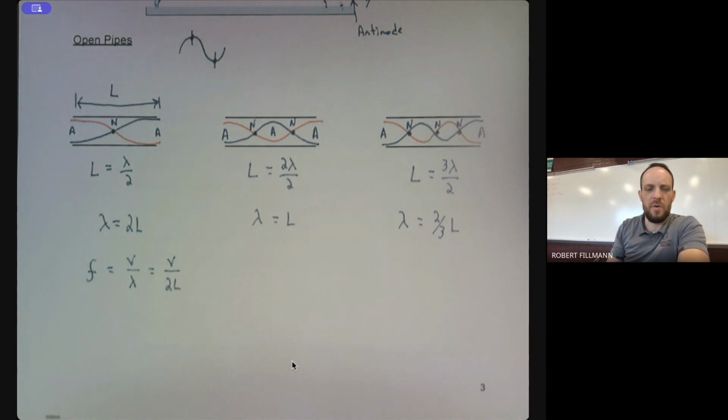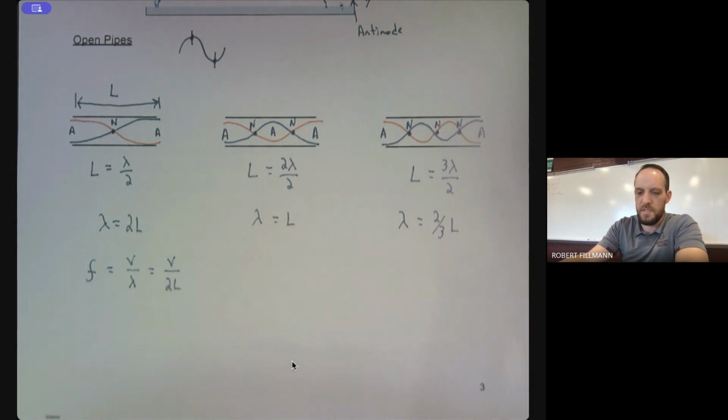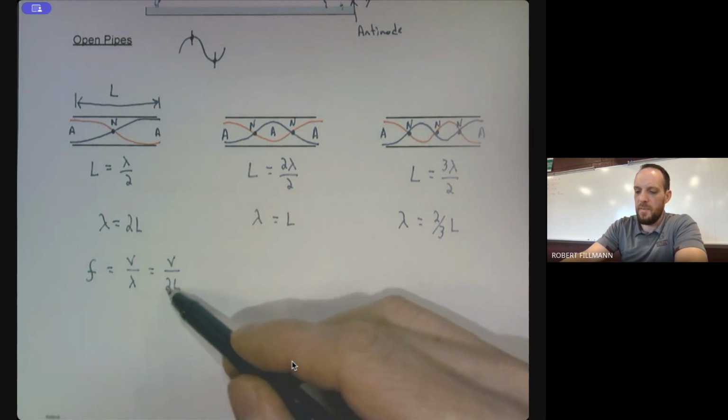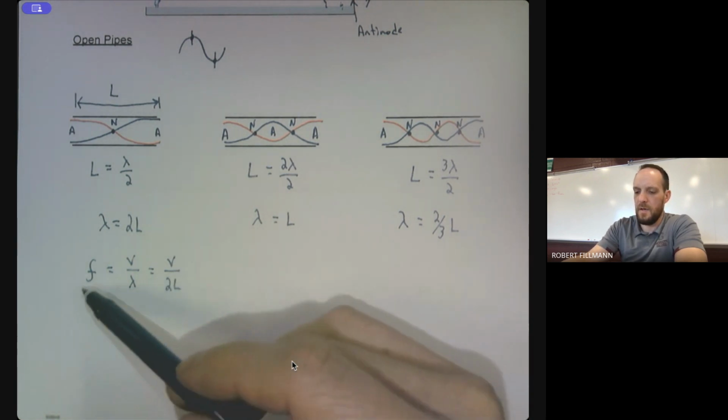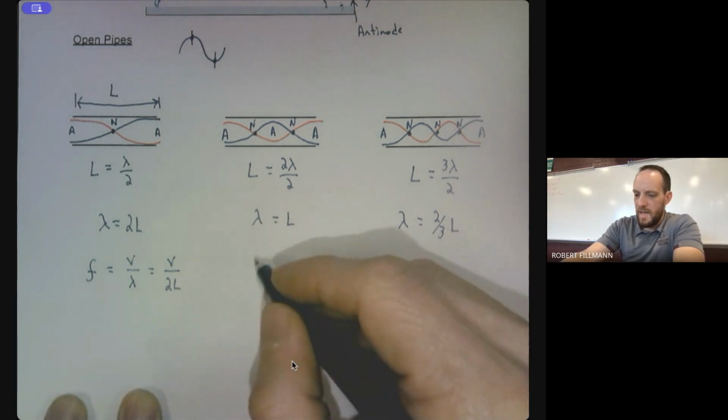So when you blow air into a pipe, the main sound that you're going to hear depends on the speed of sound divided by twice the length of the pipe. The longer your pipe gets, the bigger your denominator becomes, and the smaller the frequency becomes. We get the lower pitch sounds for the long pipes with the low frequencies. So this is the first one in the pattern.